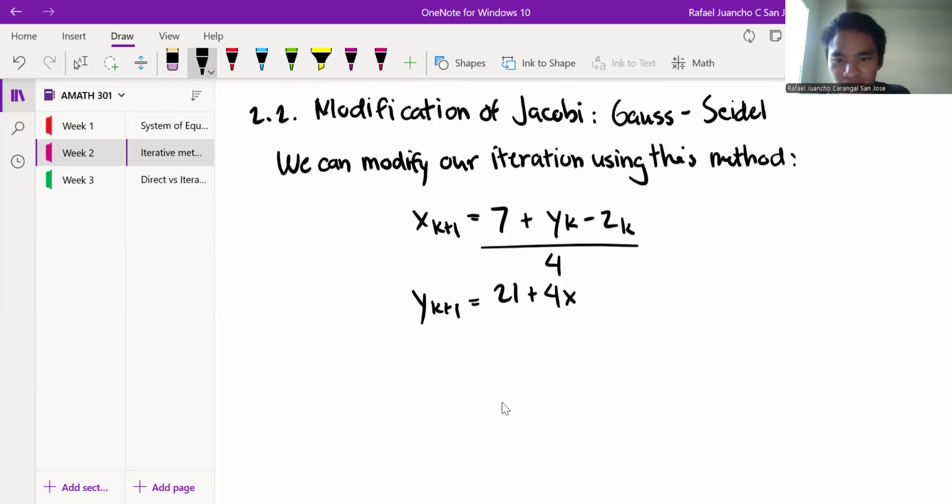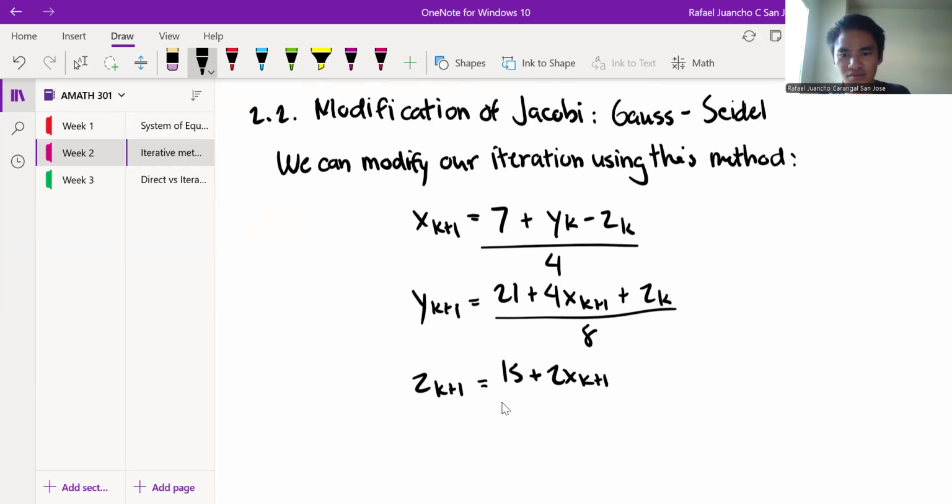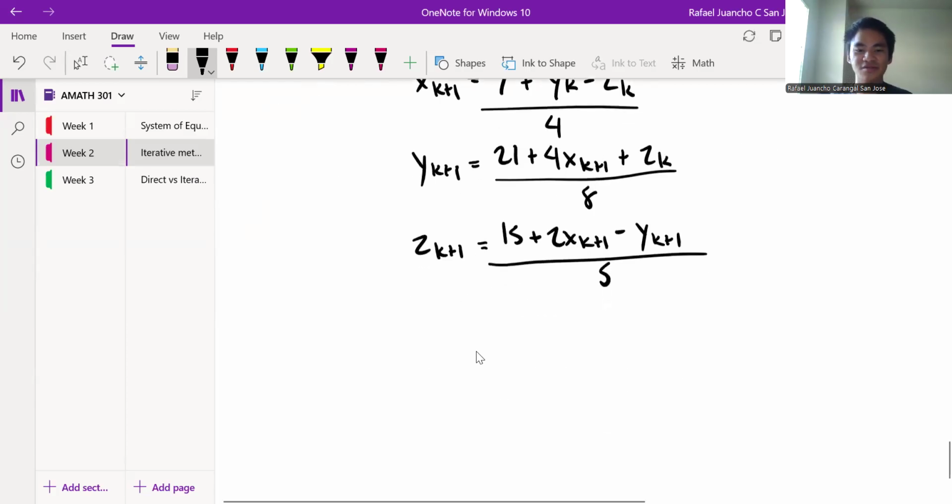Oh, but look at this now: xk plus 1 plus zk. So there's the modification. And then for my zk plus 1, here we say 15 plus 2xk plus 1 minus yk plus 1 all over 5. So here's just a modification, really. But it follows the strictly diagonal dominance concept.